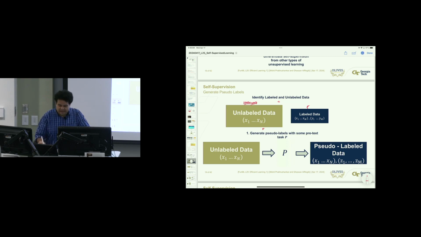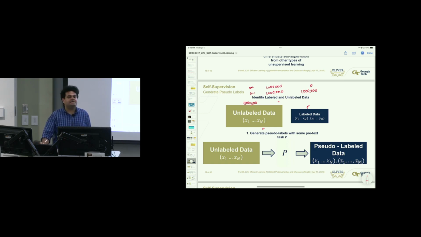To be very clear, in unsupervised learning, we only assume 1 million images, and 0 labeled images. In supervised learning, I assume 1 million images, and 1 million labels.